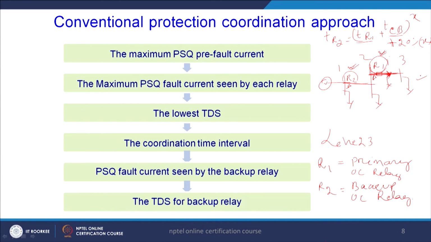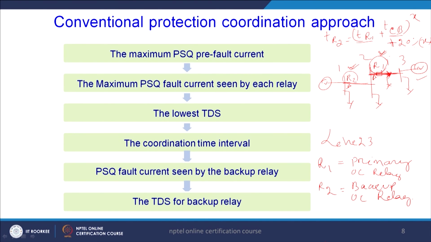This coordination is very, very important while we are discussing protection of the distribution network using the overcurrent relaying principle. As I said, this is a simple radial network, but if we are going to penetrate some renewable sources, like let us say at bus 3 we have added some renewable source DERs, what will happen?